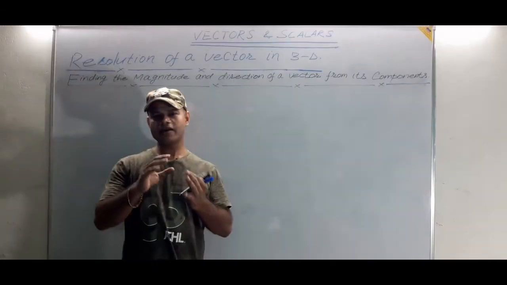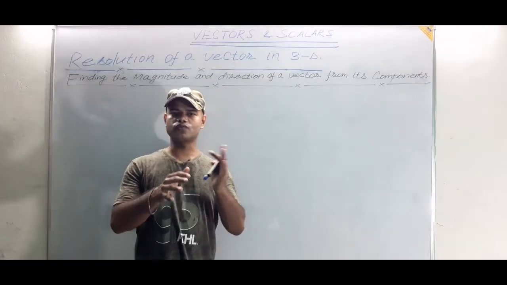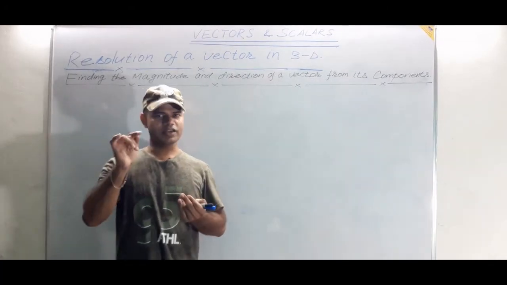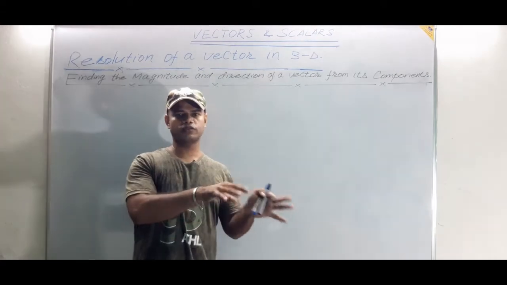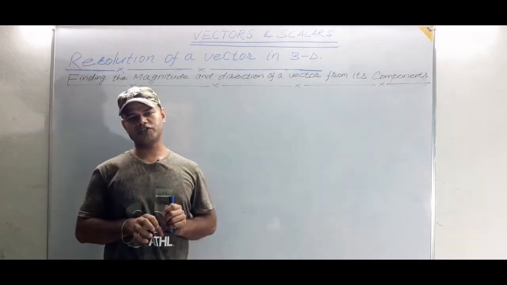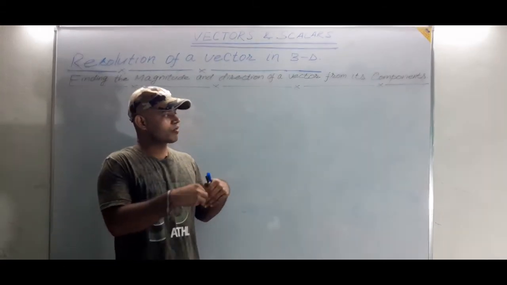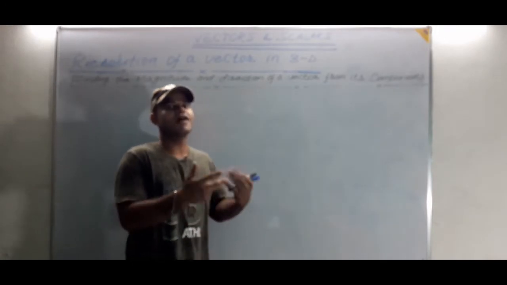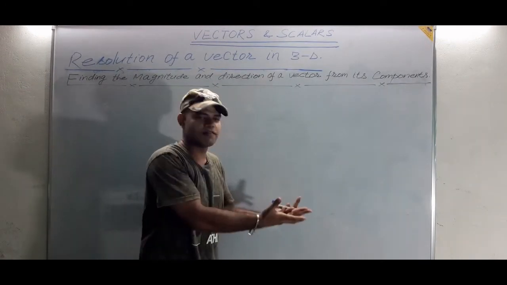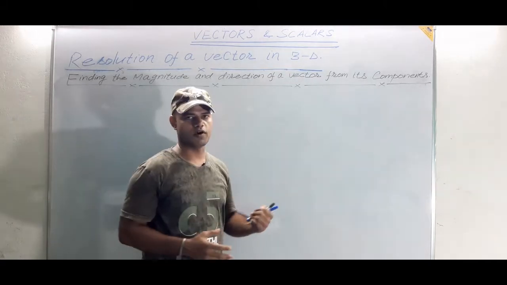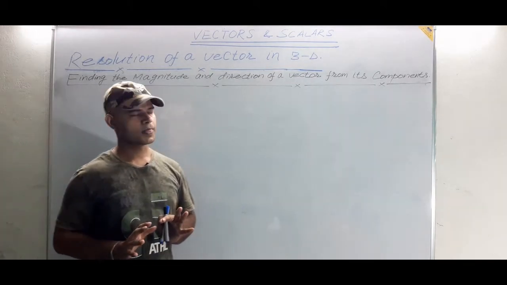Means the angle at which it is aligned with respect to x, y and z axis. So the length of the vector, that is magnitude, and its angle with respect to x, y and z axis, this information is given. Then we could resolve that vector, means we could find its component along different axes and we could express the vector in its components form. That is what we have done till now.